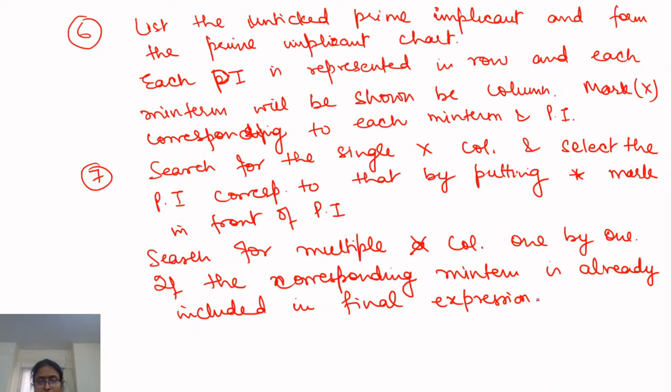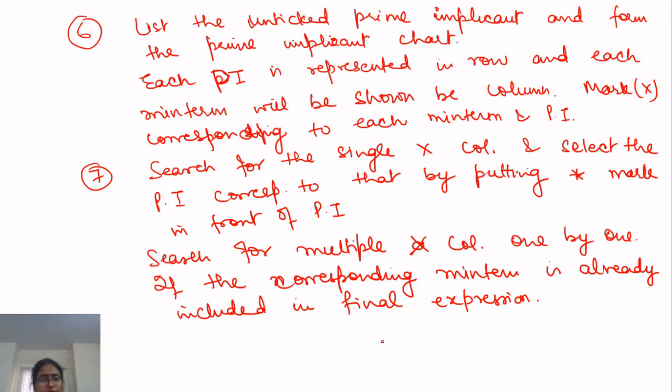Means if all the min terms are included, then you can ignore that. Otherwise, include if a new min term is there. Like this, you can make a chart and write down the final implicant.